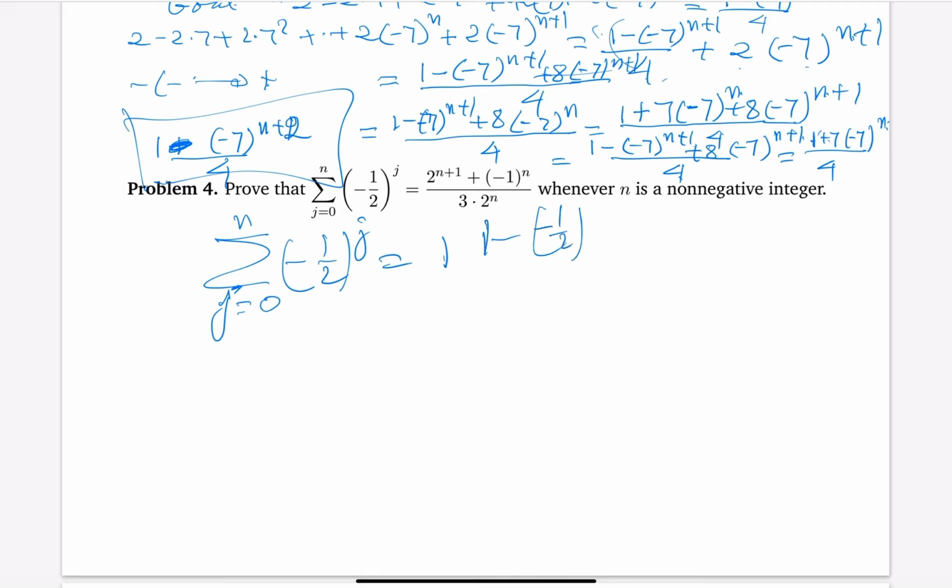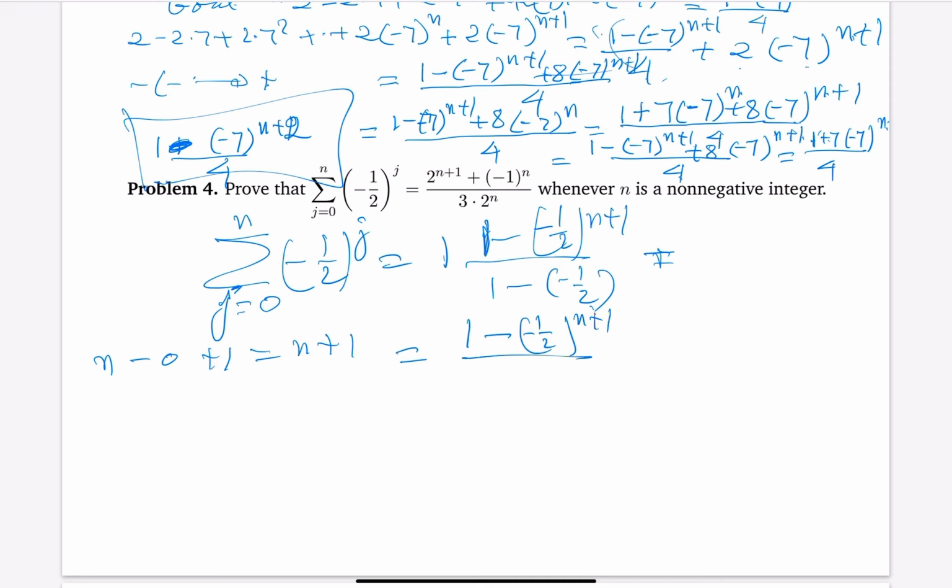The power is the number of terms. The number of terms is the last one minus the first one plus 1, so n plus 1. Divide by 1 minus (-1/2), which is 1 plus 1 half.